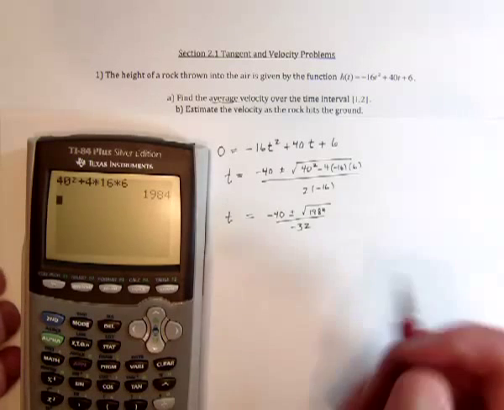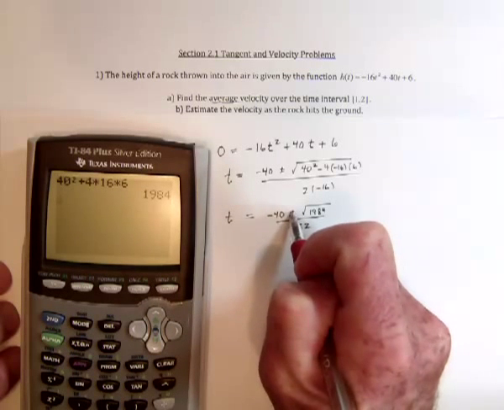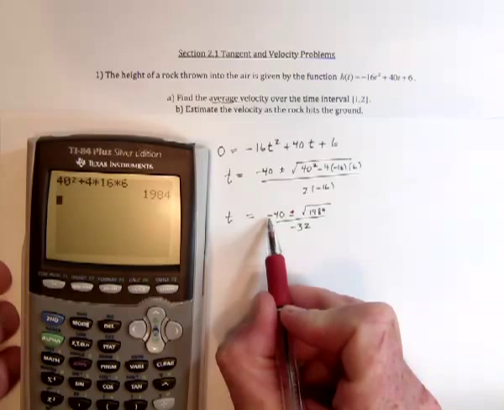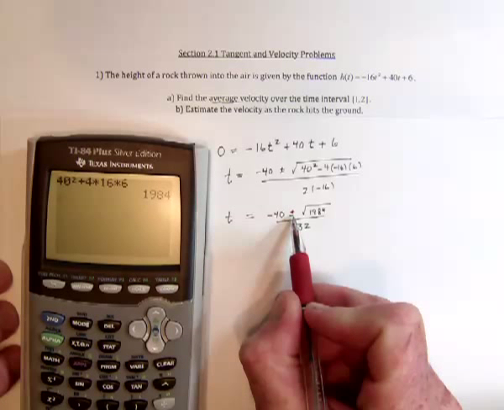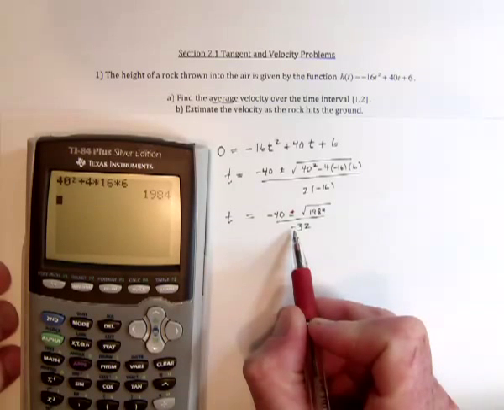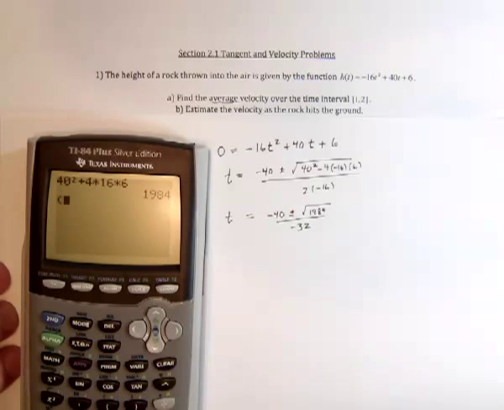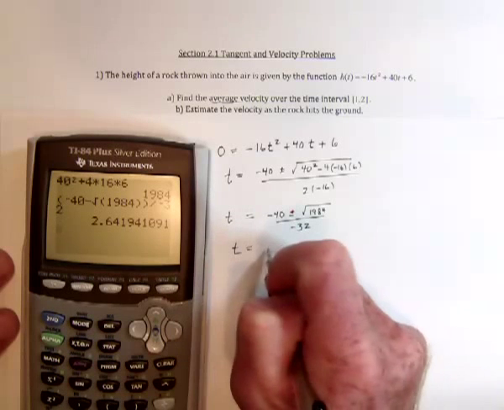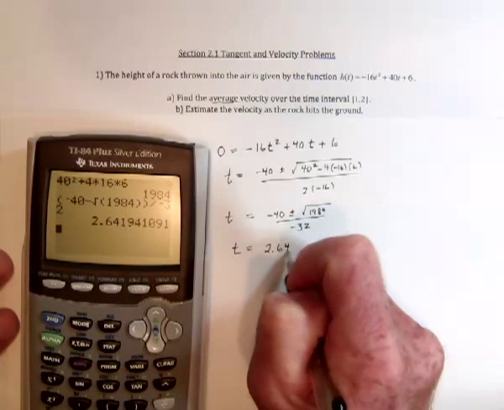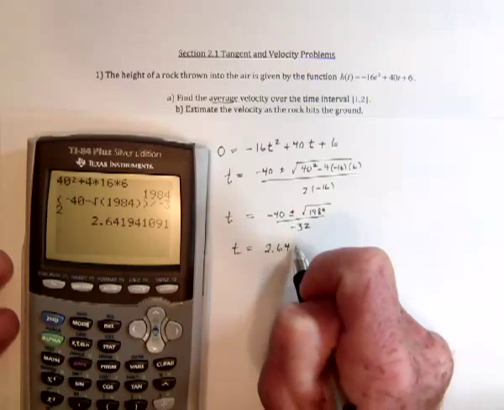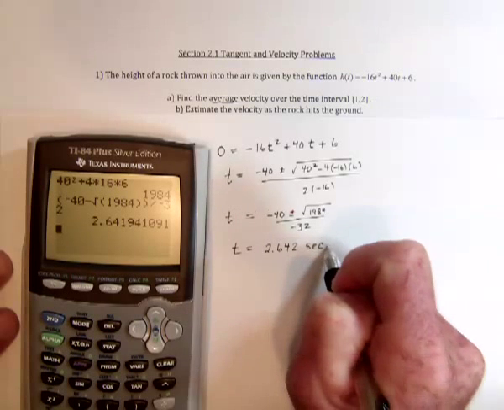So actually, if we get rid of this plus sign, then the numerator would be negative, and when you divide by a negative 32, it's going to be positive. So we've got negative 40, and then subtract the square root of 1984, divided by a negative 32, is a positive 2.642, and I'll use 3 decimal places, seconds.